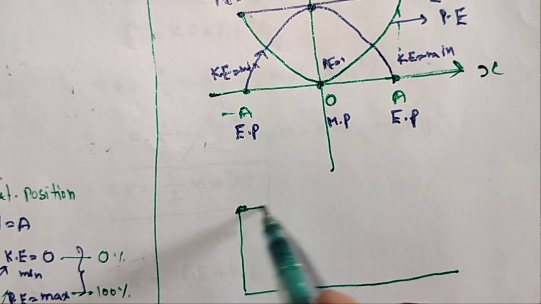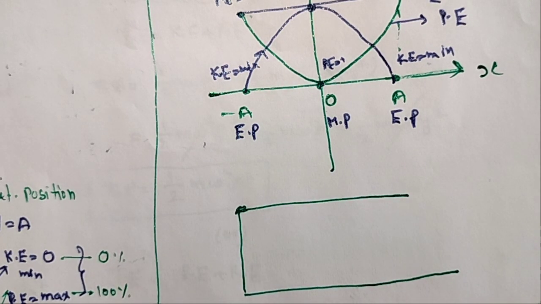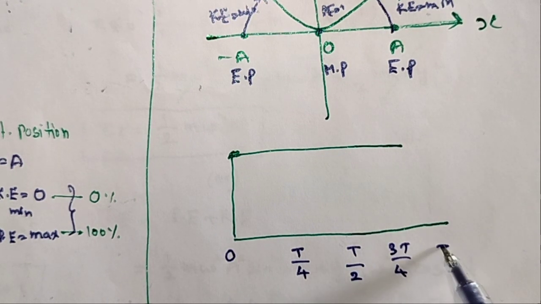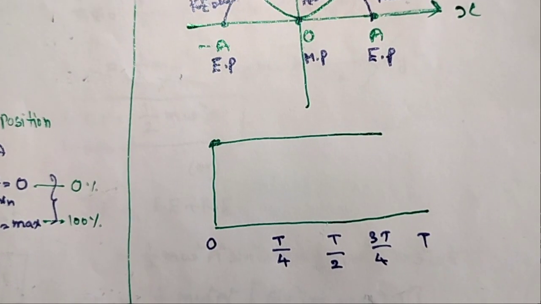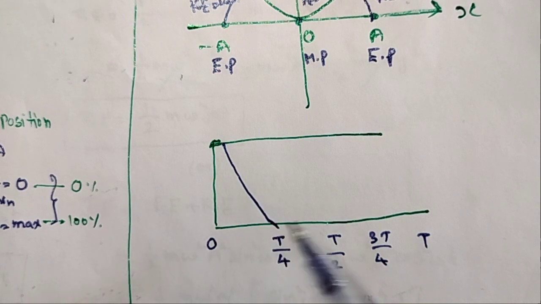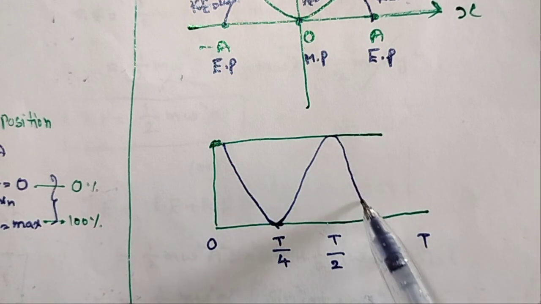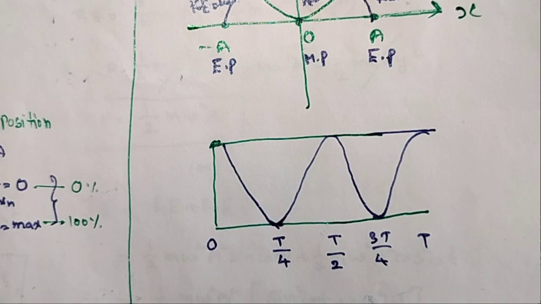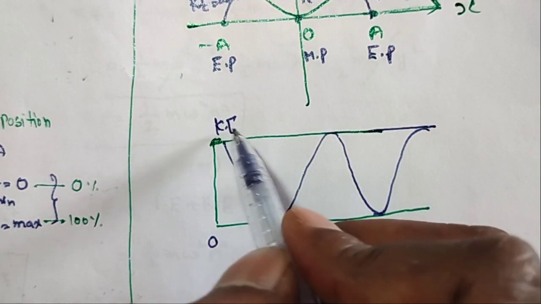This is 0, this is T by 4, this is T by 2, 3T by 4, and T. Suppose I am taking the kinetic energy: this is the kinetic energy graph, at T by 4 and next at 3T by 4.